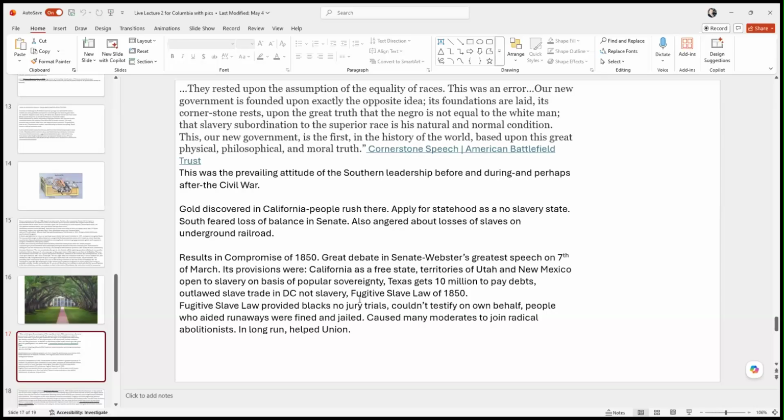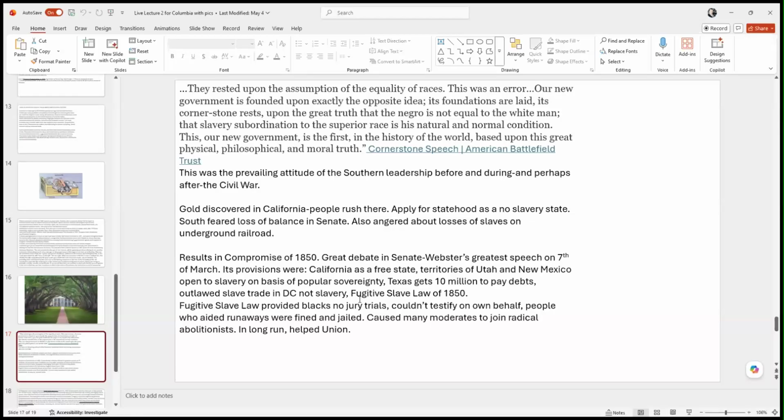The person that assisted slaves to get to freedom could be arrested and put in jail. So this caused a lot of people in the North who had been lukewarm about the abolitionist movement to join them, and it really ratcheted up friction between the North and the South, further destroying any chance of compromise, if there really had been a chance of compromise.